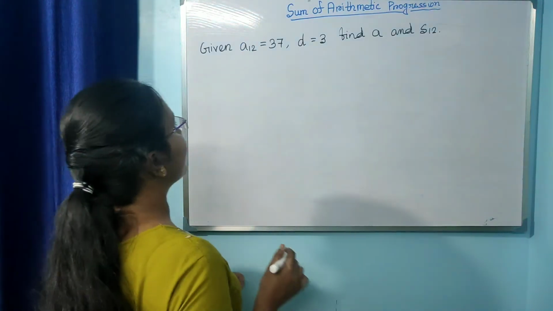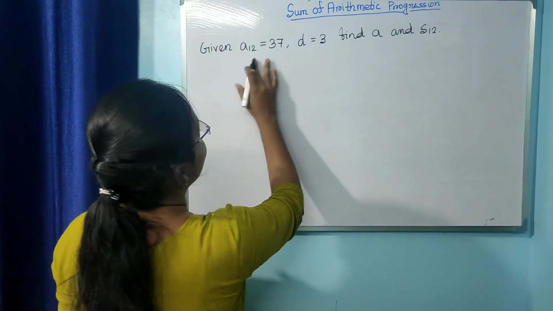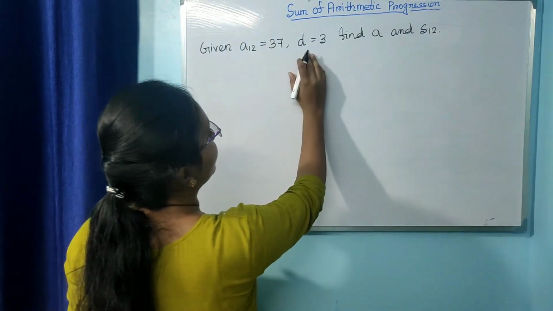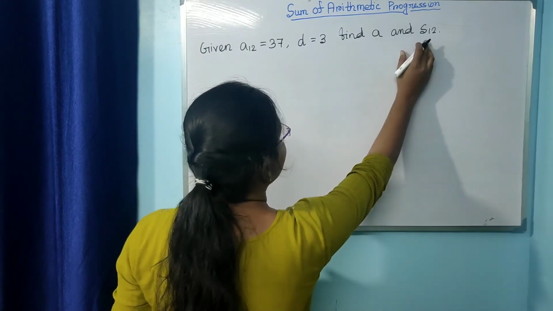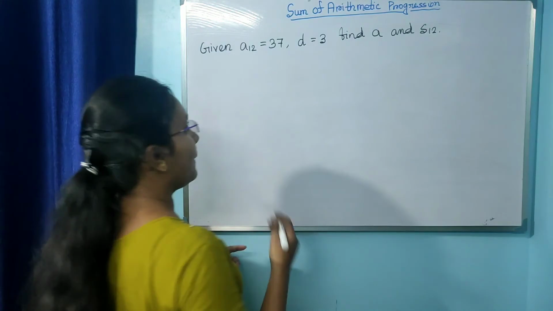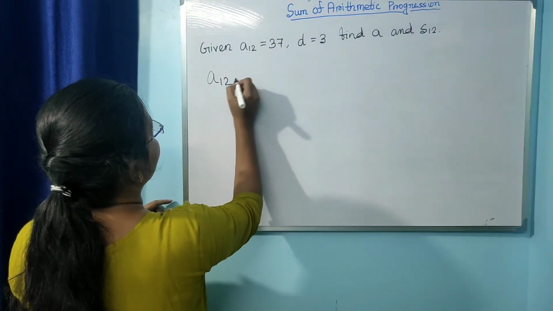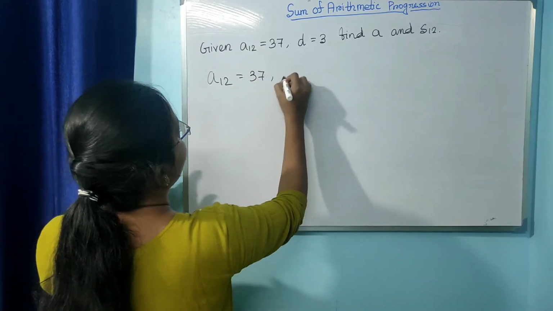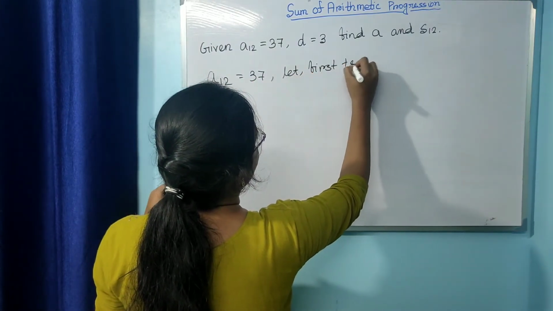Okay, see, here is another problem where it is given that a12 equals 37, that is the 12th term is 37, and the common difference is also given. You have to find the first term, that is a, and S12, which means the sum up to the 12th term. Okay, so a12 is 37, let the first term be a, because it is not given.